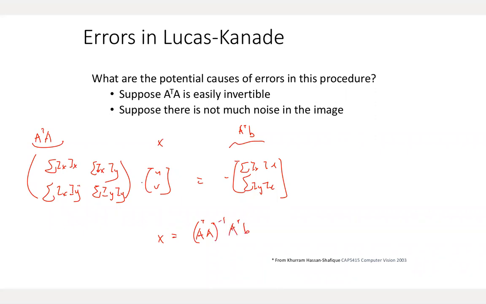Now, if you look at this, if both eigenvalues of A transpose A are small, it means that unless both eigenvalues are big, whenever one of the eigenvalues is small, there is an issue.